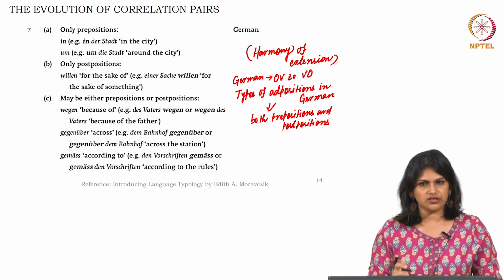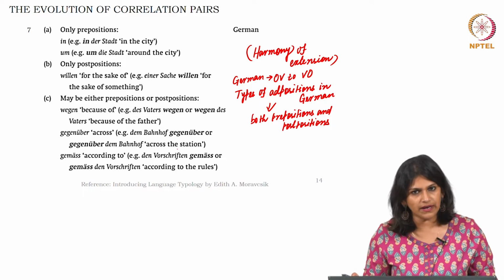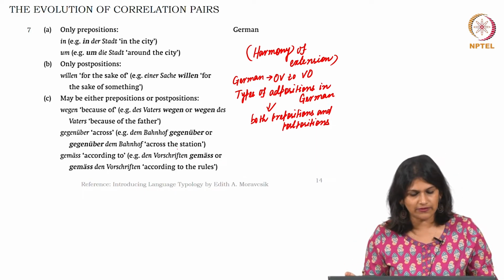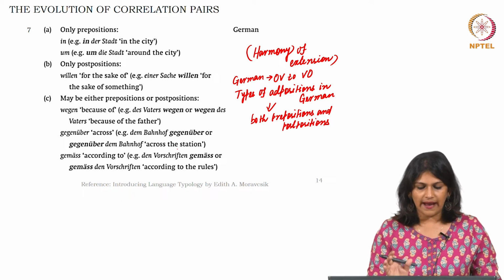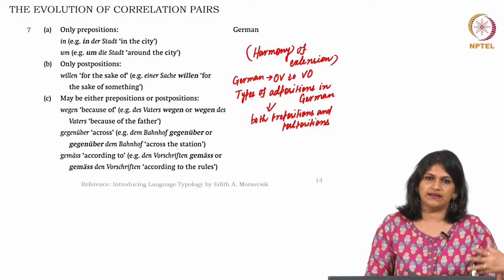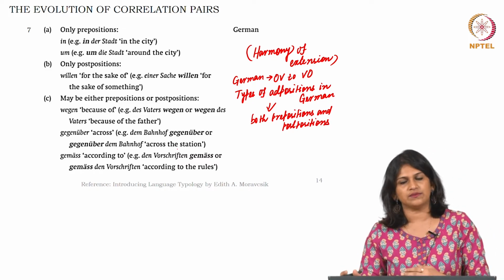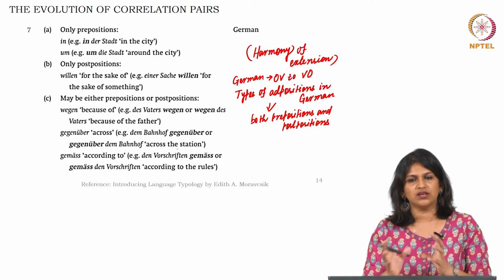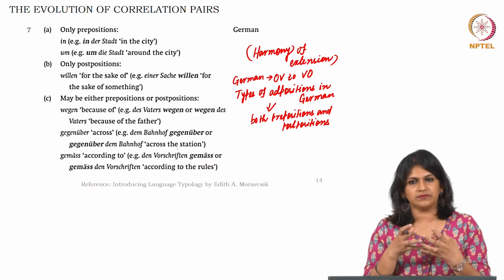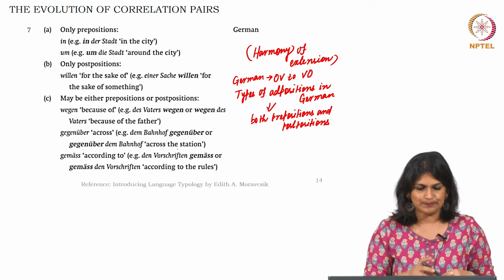If it is a preposition, it should come before the noun phrase. If it is a postposition, it should come after the noun phrase, and there is a third category that German has, which can be treated either as a preposition or as a postposition because of the flexibility of its position.